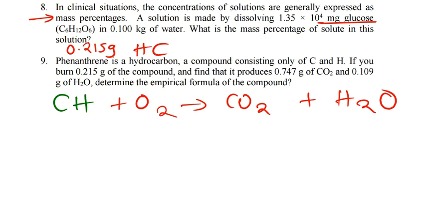You can use the link in the description below to go to our site and learn this entire topic from scratch and look at the full stoichiometry solutions. The mass of carbon dioxide is 0.747 grams, and the water is 0.109 grams. The total mass was 0.215 grams.